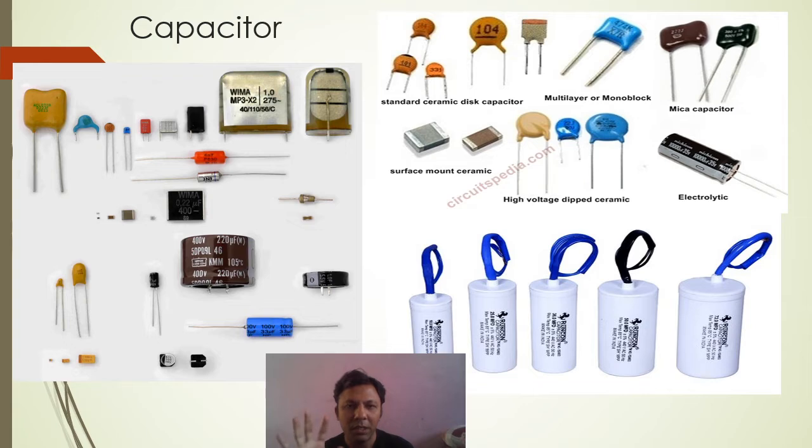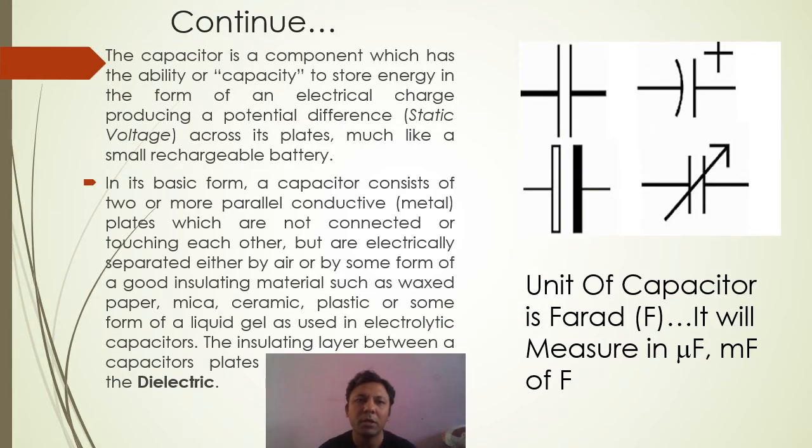First of all, we will learn the structure of a capacitor and how it is made. Look, a capacitor is nothing but two conducting plates. You can also use aluminum foil or any conducting foil. Two aluminum foils are placed at one point, and the foils will not touch each other.